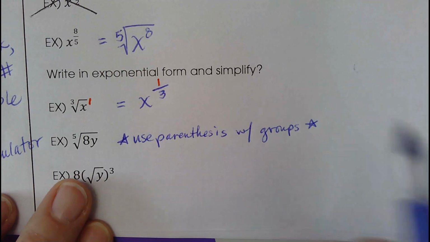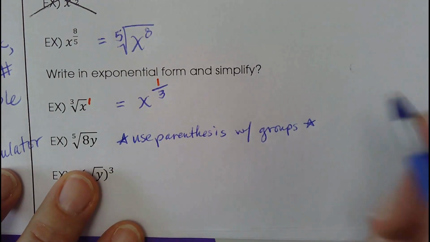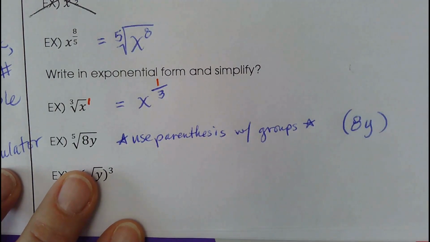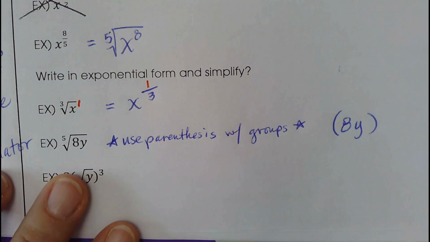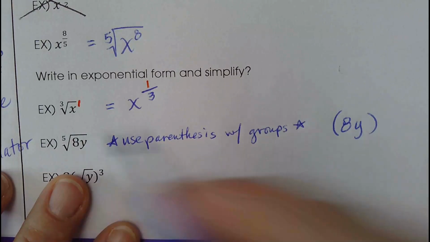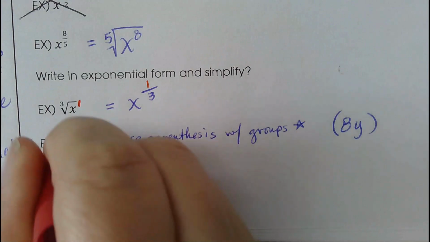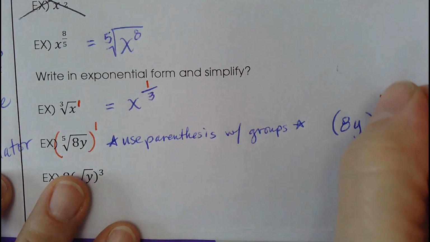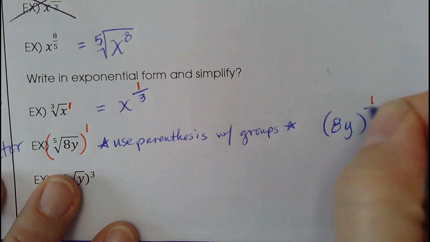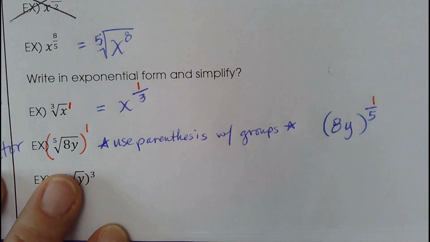So when I write this as an expression with a rational exponent, the 8 and the y both will have an exponent together. Use parentheses. There's no power, so we'll write a 1 for the numerator because it's blank. And there is a root, and it's 5. That's the denominator, the index.